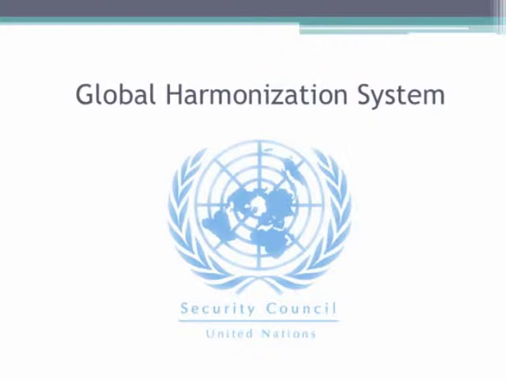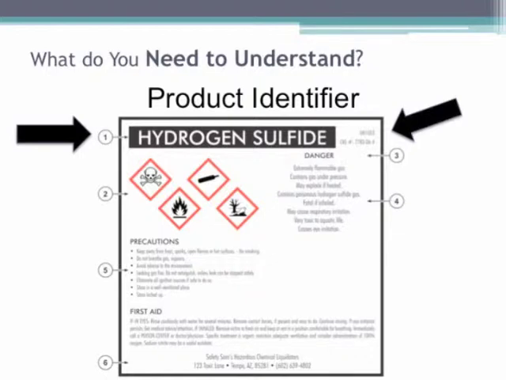Let's take a look at the features of the Global Harmonization System and how they can help you better understand the products and chemicals you use in a safer way. Under the Global Harmonization System, each product or chemical will have a label and an SDS that clearly states the product name, the code number and batch number of that product or chemical.